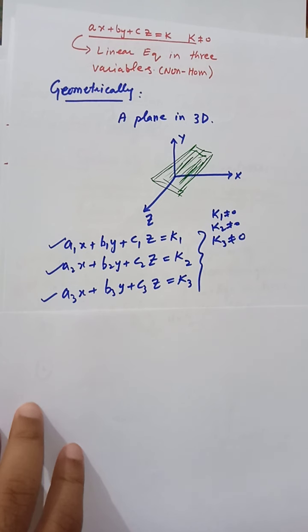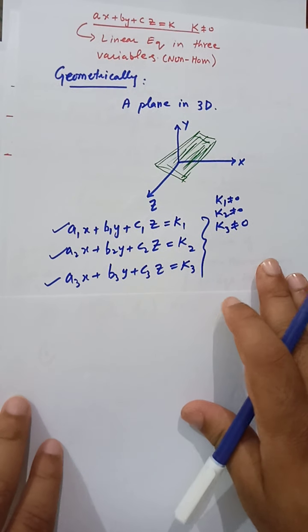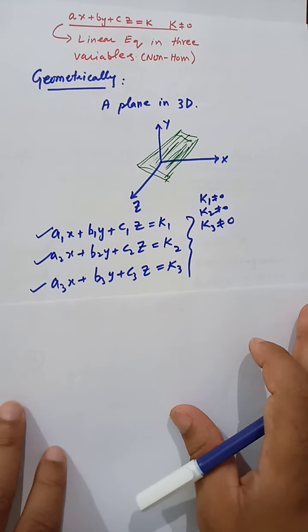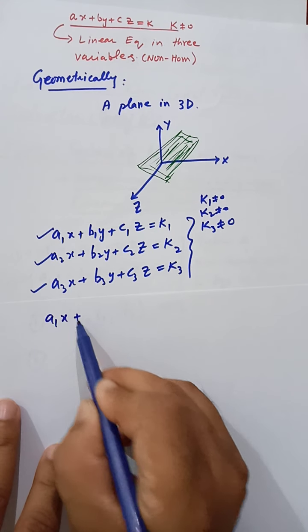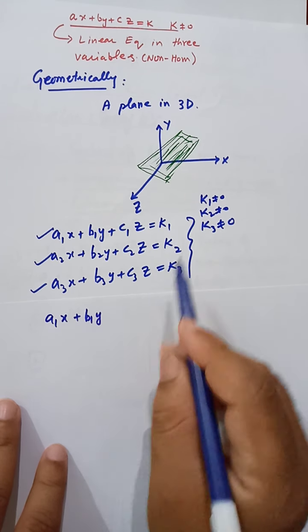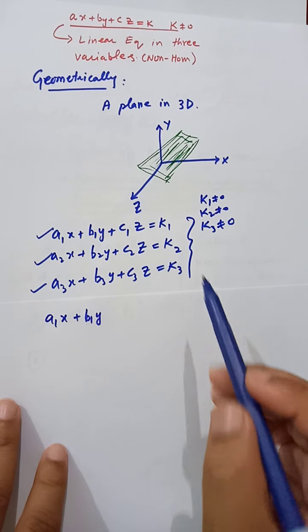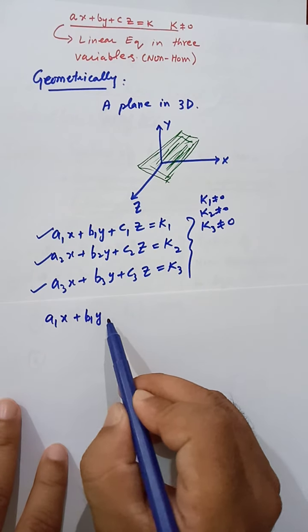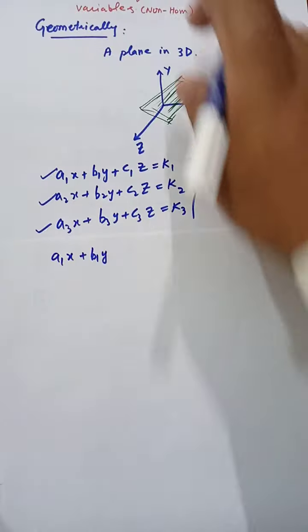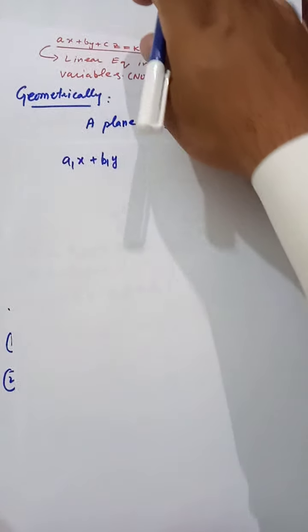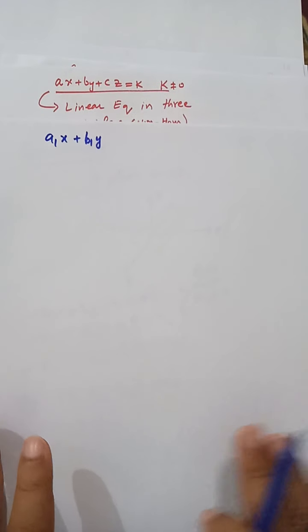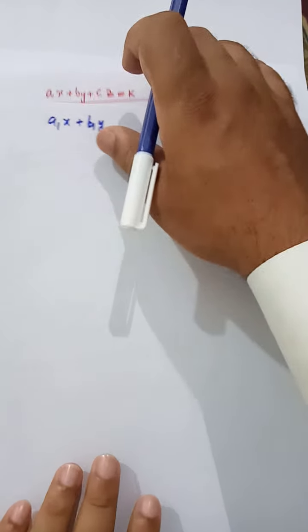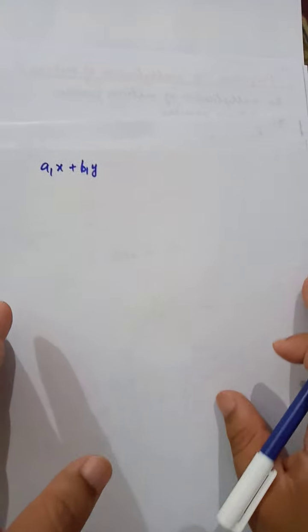But before discussing the solutions of the non-homogeneous linear equations, first of all we will discuss the solutions of the homogeneous linear equations. I am taking the homogeneous linear equations from this system, meaning I am taking k1, k2 and k3 equal to 0, so that it becomes homogeneous. First we will discuss the solutions of the system of homogeneous linear equations, and after that the non-homogeneous.